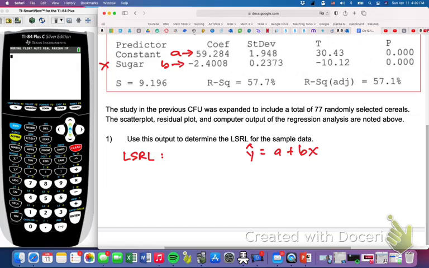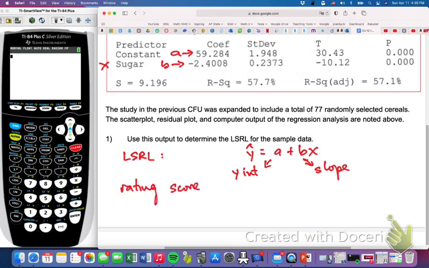Because line of best fit, remember the equation of a straight line. The formula is mx plus b. M is your slope and b is your y-intercept. But in this case, in stats, we like to write a plus bx. A in this case is your y-intercept, b is your slope. So, right, a is your y-intercept, b is your slope.